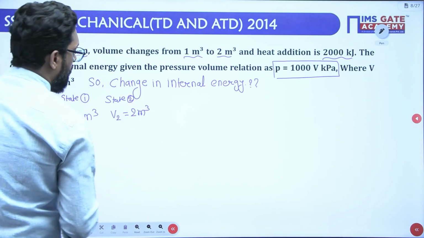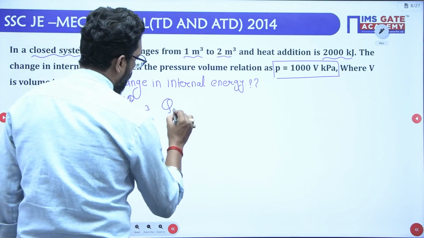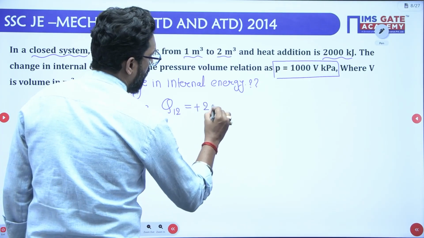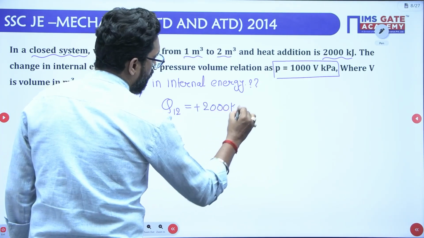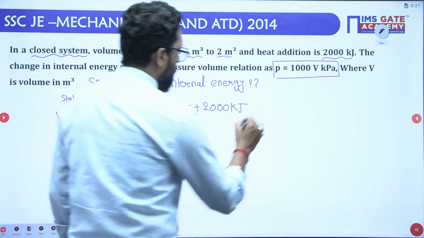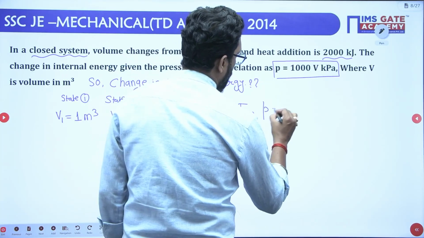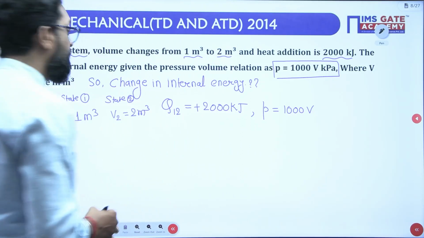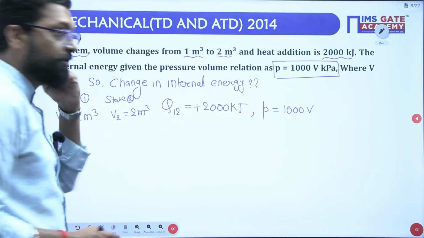Volume will change. During that, heat addition 1 to 2 is positive 2000 kilojoule. The relationship is given P equals 1000 into V, and V is in meter cube. It is not in specific terms.